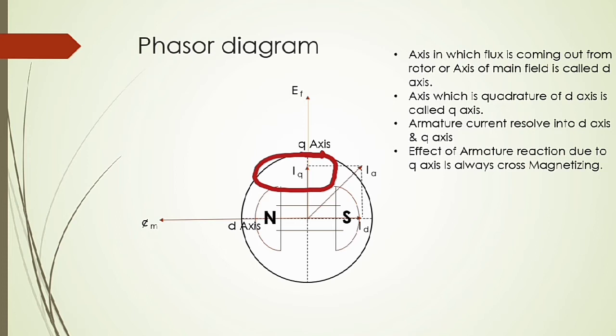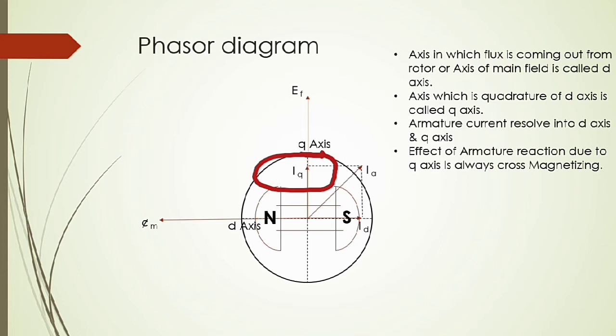But we have just noted down that Iq always gives the same impact, that is the cross magnetization impact. Either we give a lagging power factor load or a leading power factor load, in any case Iq, that means the q axis current, always gives a cross magnetization impact on the rotor field, or you can say on the air gap flux, or the resultant flux.